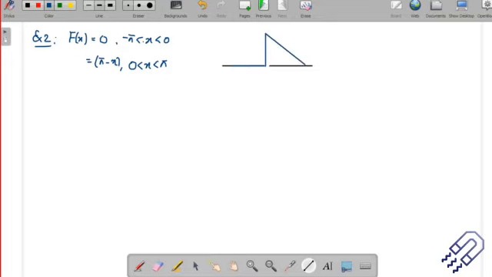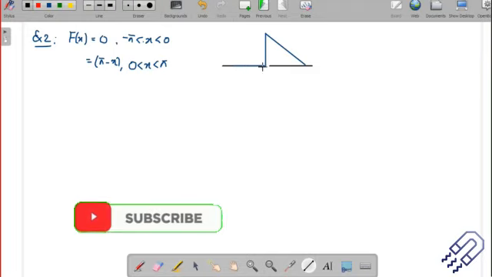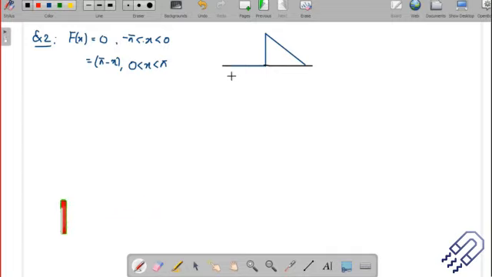So if we represent it, minus pi, 0, maybe this is pi. This line represents the second part, pi minus x.